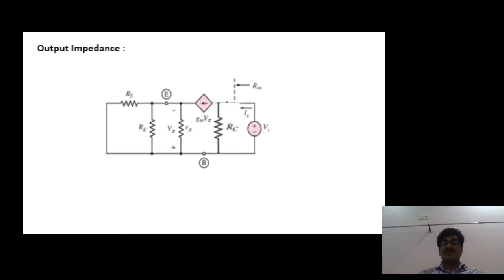Now coming to output resistance. For output resistance, the condition is that the source Vs must be 0, and connect a test voltage at the output terminals, say Vx. This is the equivalent circuit with that assumption: Vs is equal to 0 and a test voltage Vx at the output.